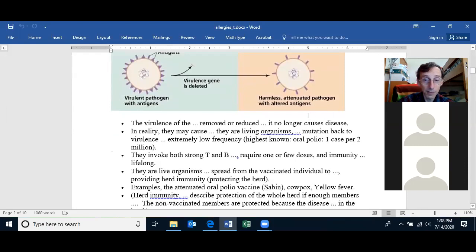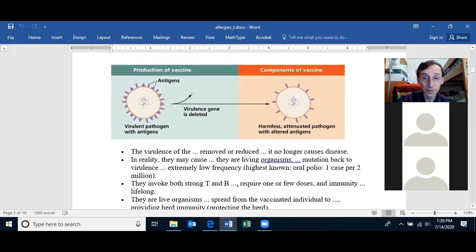That is, in theory, how an attenuated live vaccine works. The harmful parts of the pathogen have been removed, and then this pathogen can get in a host and reproduce, but it doesn't cause disease. A good case in point would be the polio vaccine. The oral or live polio vaccine has the virulence genes removed, and then the polio virus can replicate in the patient, but it's the vaccine which replicates and the patient doesn't get disease.